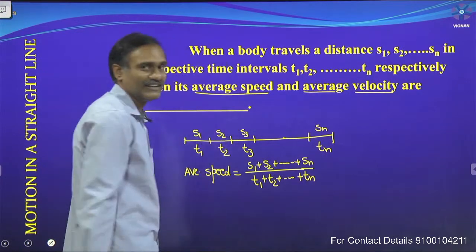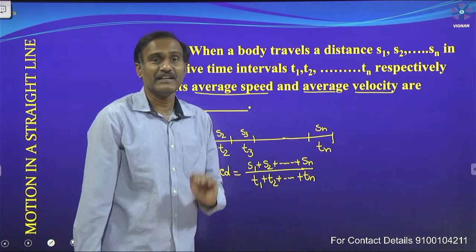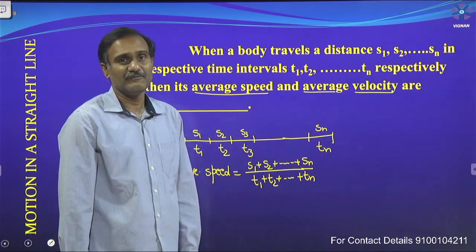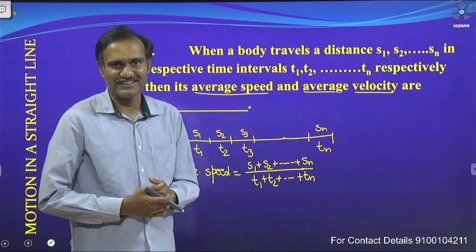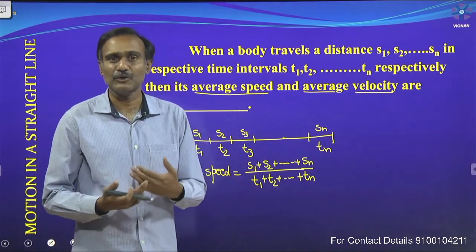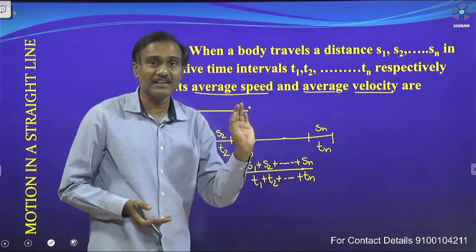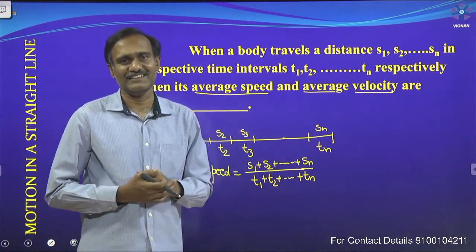This is the answer, very simple. Total displacement divided by total time interval is the average velocity. Are average speed and average velocity the same? Yes, both are equal, because the particle is moving along the same straight line. Remember that.